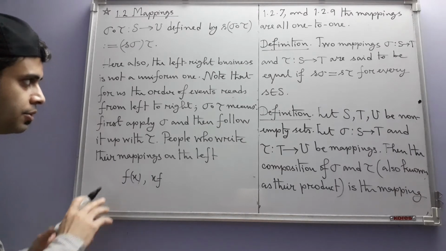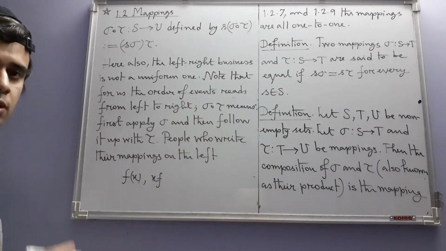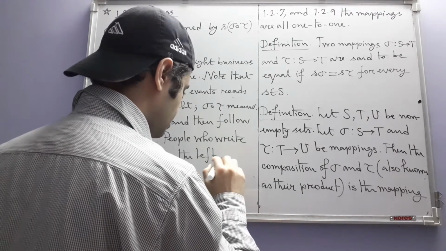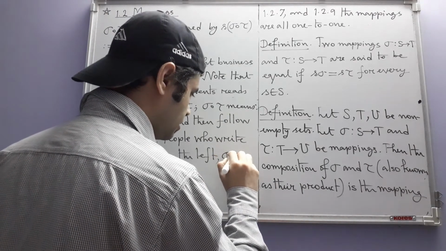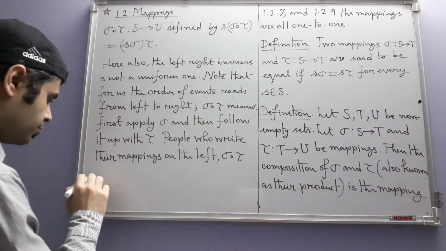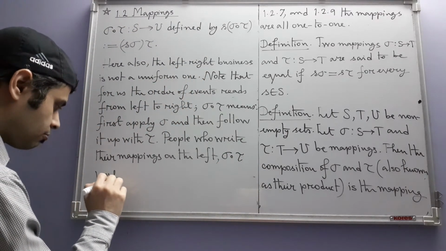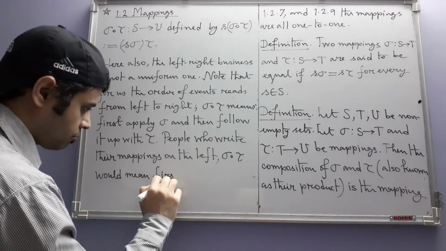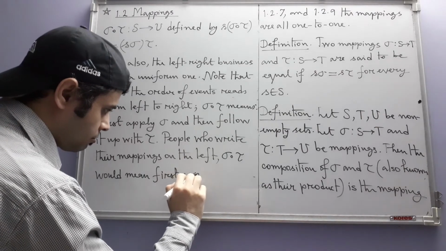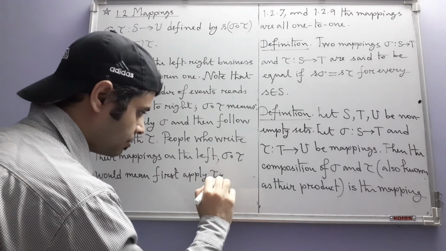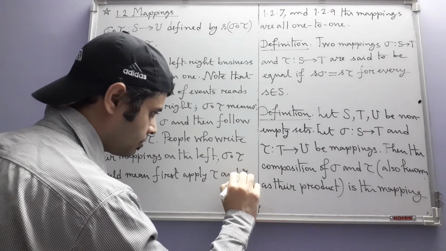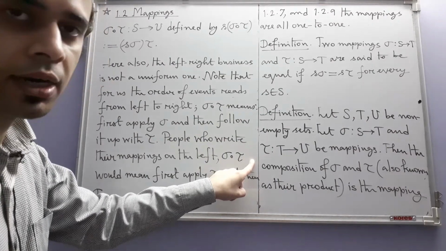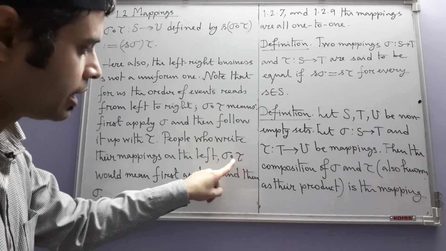So for them, the meaning of sigma composition tau will be entirely different. Sigma composition tau would mean first apply tau and then sigma, because their input will appear here. So first they will apply tau and then sigma.